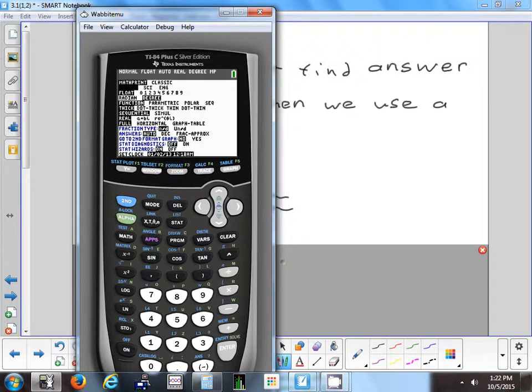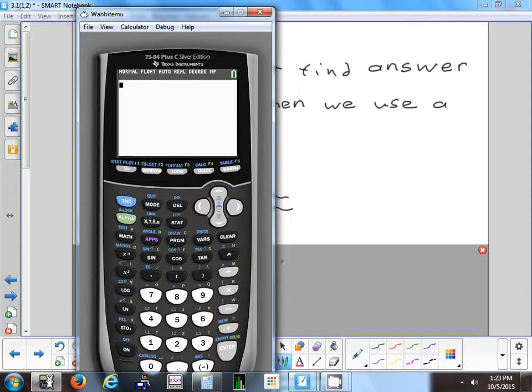If you're not in degrees, on a graphing calculator, you press mode, and then go down to degrees, highlight it, and hit enter. On this calculator, the scientific one, press DRG. It gives you 3 choices: degrees, radians, and gradients. The first one is degrees. You just hit enter.